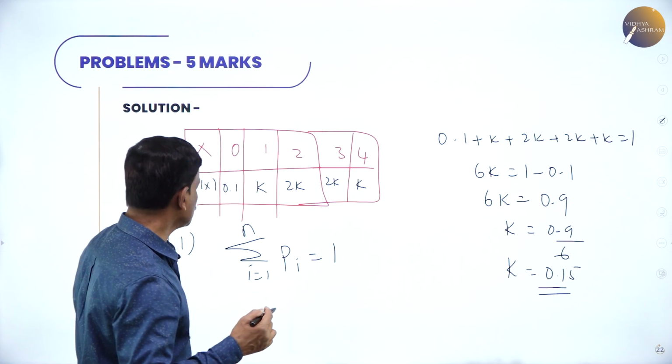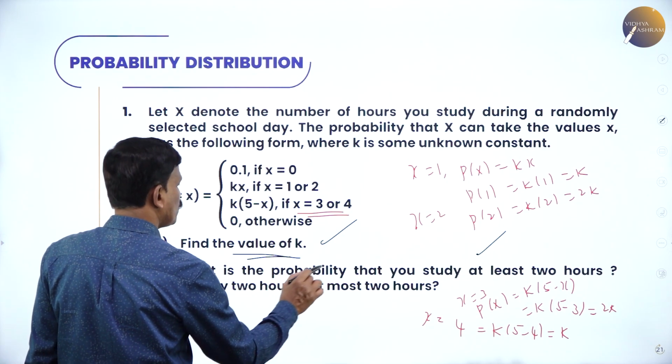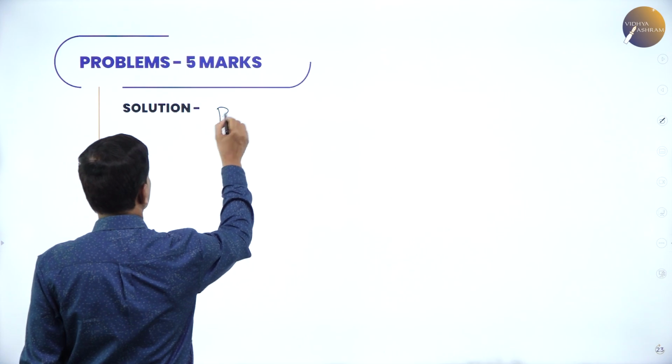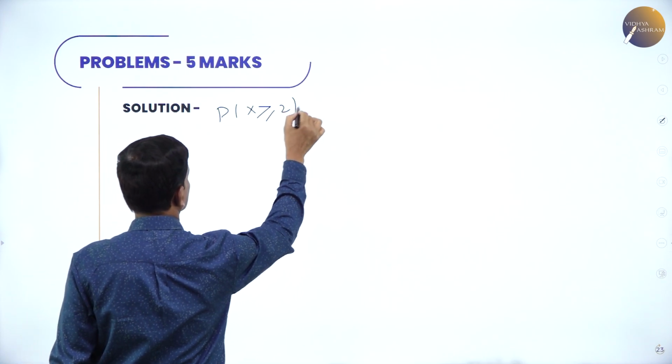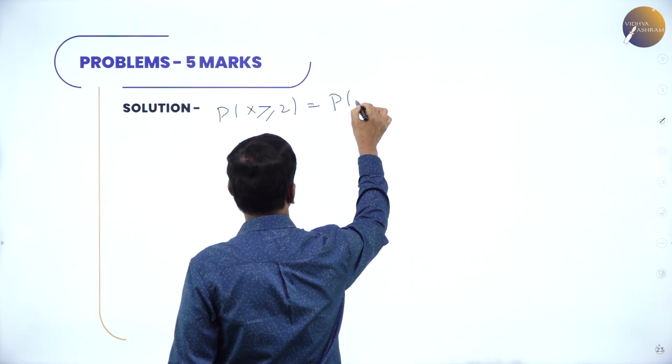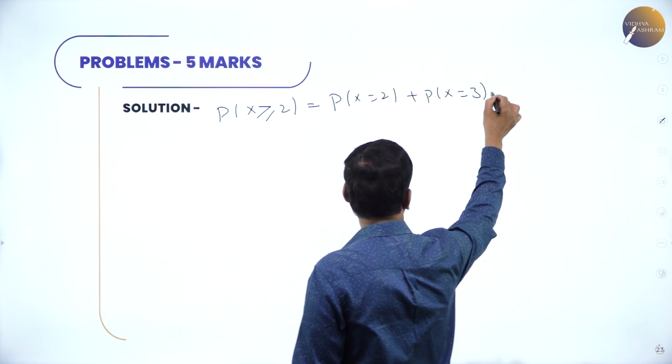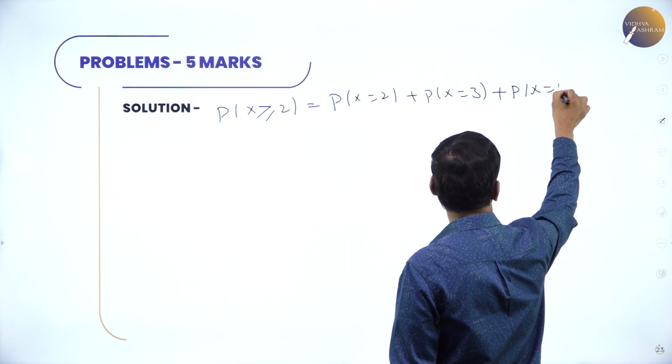Now what are the conditions given? What is the probability that you study at least 2 hours? At least 2 hours means probability of X is greater than or equal to 2. That means probability of X equal to 2 plus probability of X equal to 3 plus probability of X equal to 4.